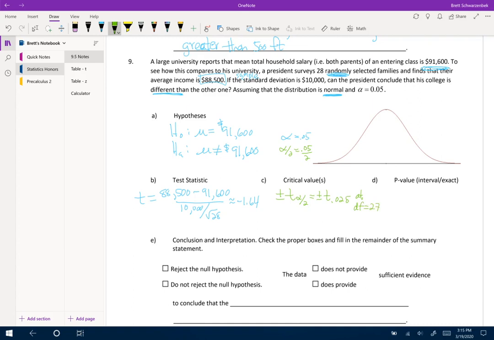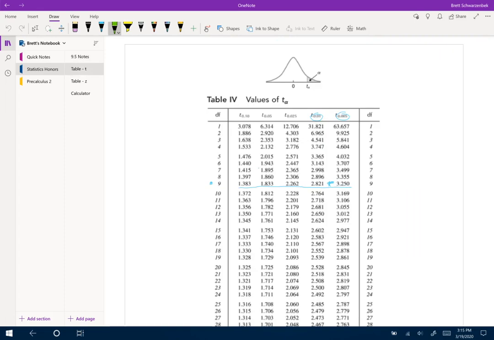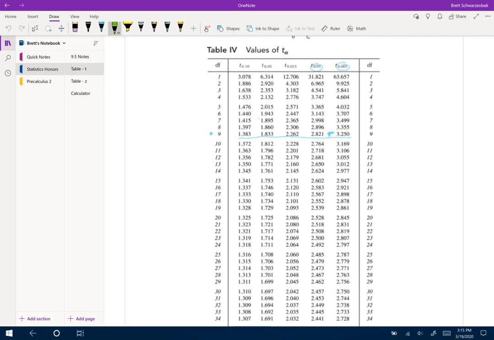So again, what would we do? We would look in the t-table, which you are very well known for doing so far. Everybody understands that. We're going to end up getting plus or minus 2.052 as our value. Just to verify, we got 27 right here, right? And at 0.025, we get the important values that we need, which is 2.052.